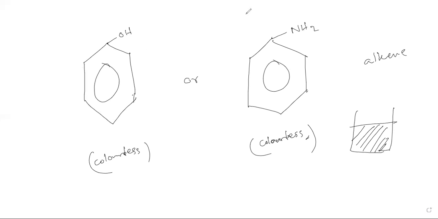We have organic substances: alkene, then benzene, then halogenoalkanes, nitrile compounds, carbonyl compounds. In benzene we have subcategories, phenol, phenylamine. Now, how can we be sure which was actually produced?